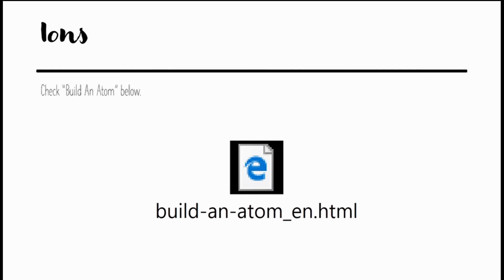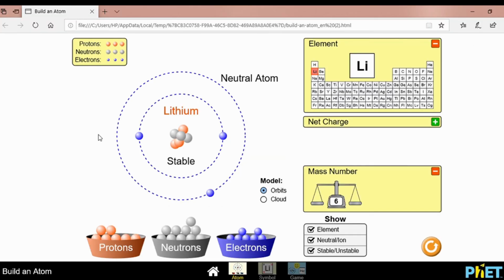Let's see the simulation again. I want to make this atom become negatively charged, a negative ion. So, I have to make the number of electrons greater than the number of protons. See? It becomes a negative ion.